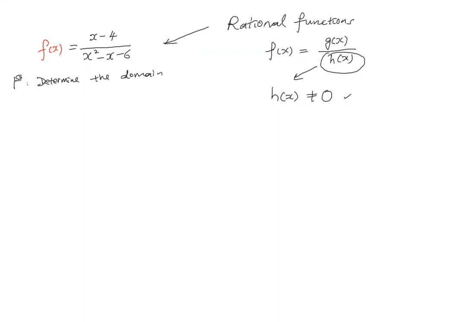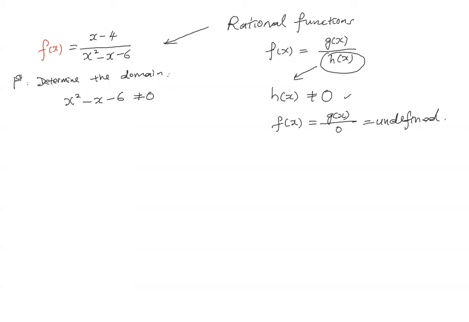So how do you determine the domain? Straight away, say the bottom cannot be 0. Because when the bottom is 0, it is undefined. That means there is no image, so it cannot be a function. Are you clear? Okay.